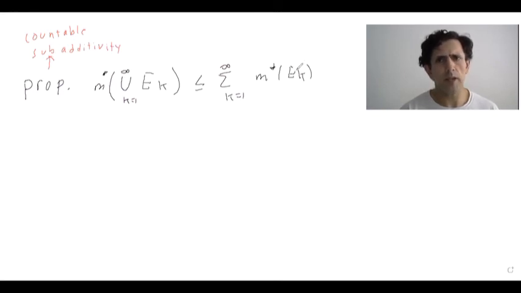The way you should think about this is, if you've taken an undergraduate probability course, you'll probably remember that the probability of a union is less than or equal to the sum of the individual probabilities. It's usually not going to be equal unless you have disjoint events.